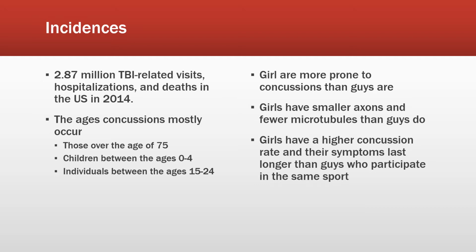Children between the ages of 0 to 4. Around these ages, we're going to see a lot of kids learning how to control their bodies. They're still learning how to walk. There's no doubt that children are going to fall and hit their head.